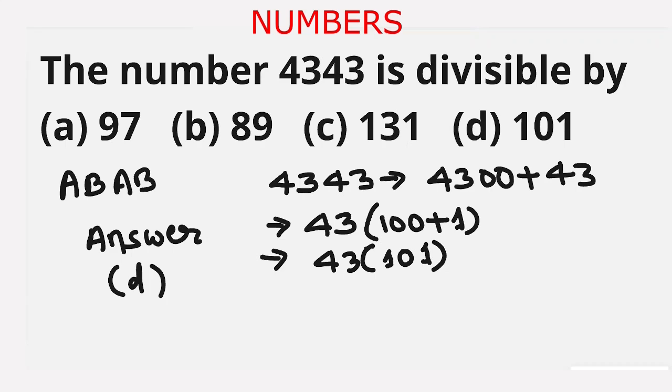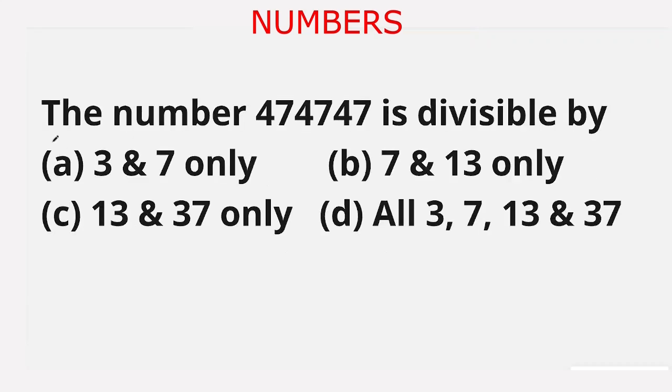We go to the next question. Our question is the number 474747 is divisible by option A 3 and 7 only, option B 7 and 13 only, option C 13 and 37 only, option D all 3, 7, 13 and 37.